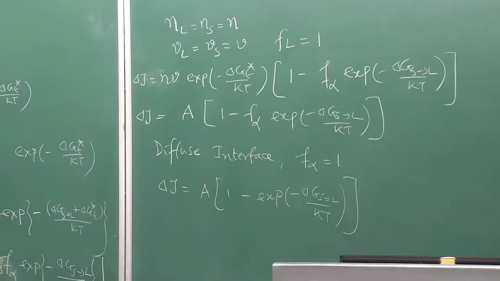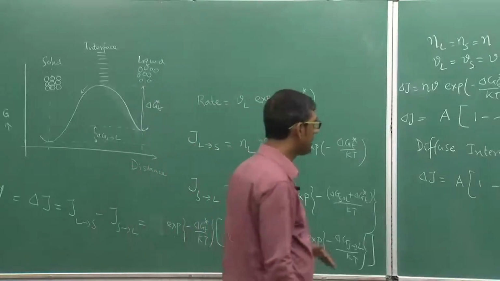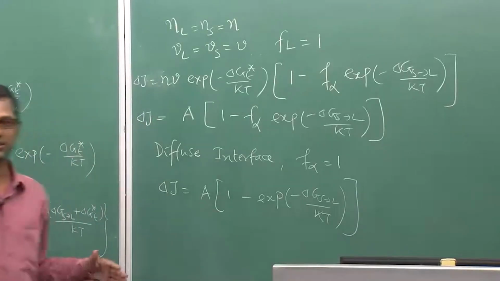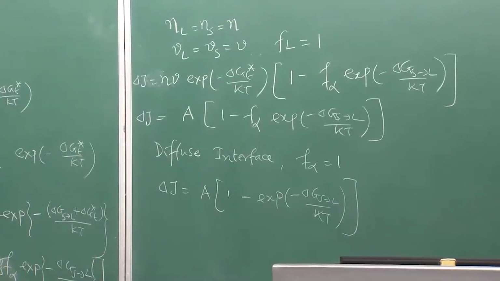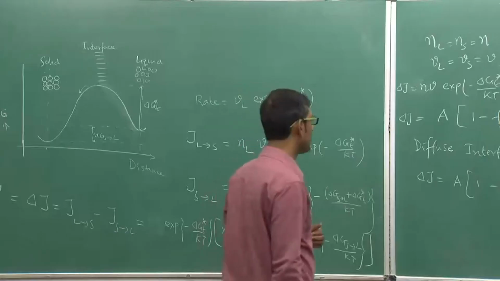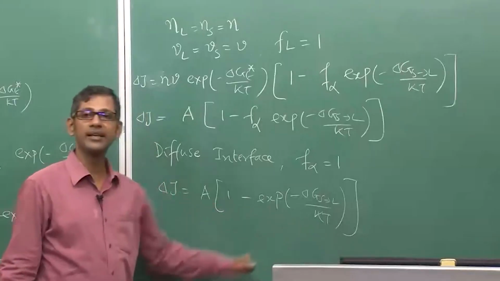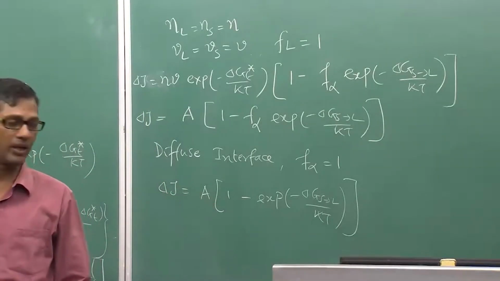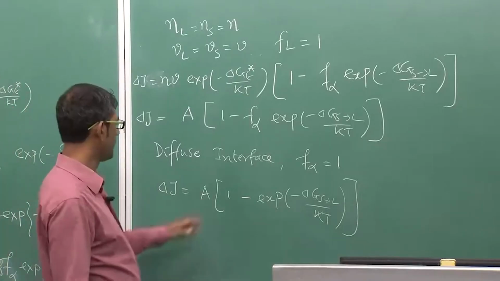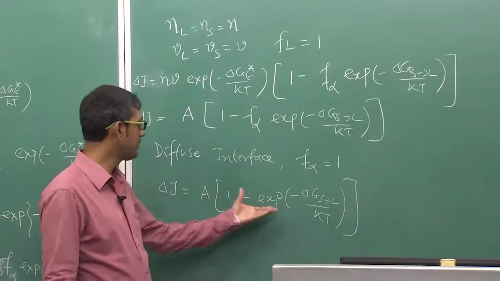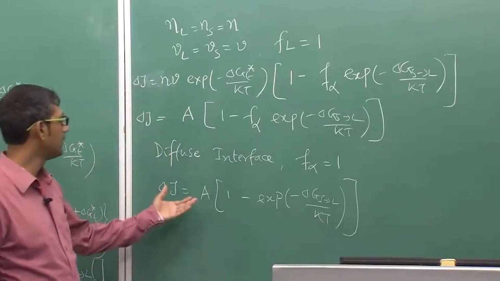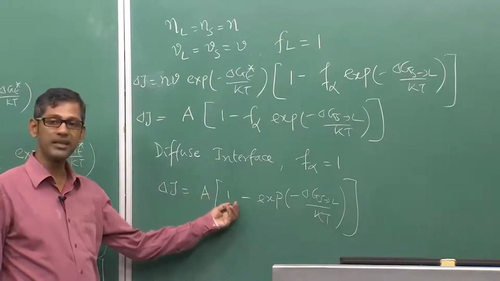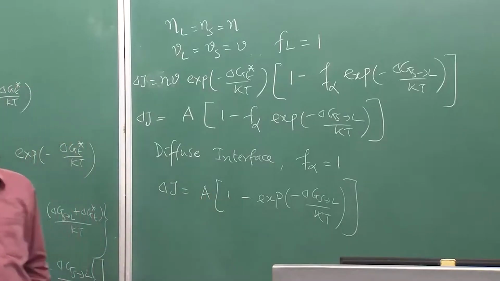As you increase the undercooling, you are basically decreasing the temperature. So that means the main driving force for this growth, nucleation growth, everything, is basically coming from the undercooling that we discussed in the last lecture. So the more I increase the undercooling, the more the growth rate, because of this 1 minus exponential. As you see here, when the undercooling increases, this exponential factor becomes smaller, so 1 minus it will increase, and A is a constant term, therefore growth will increase.